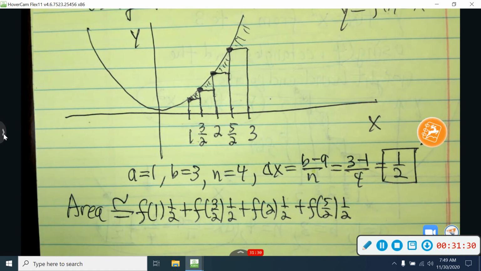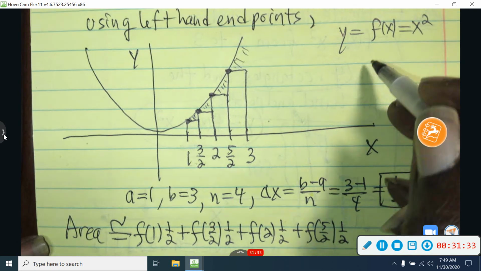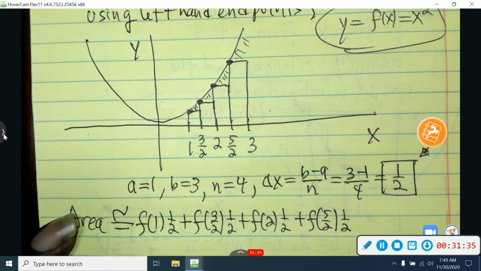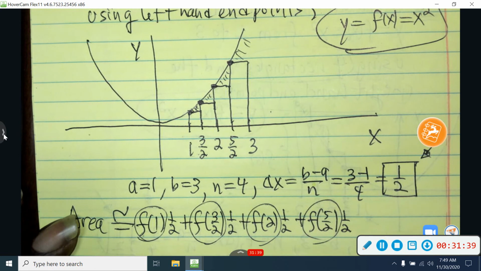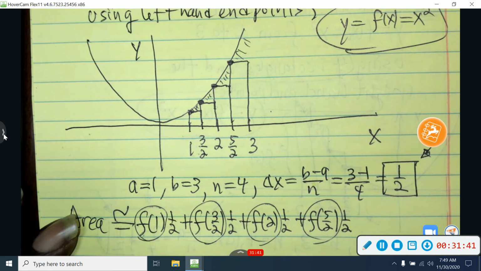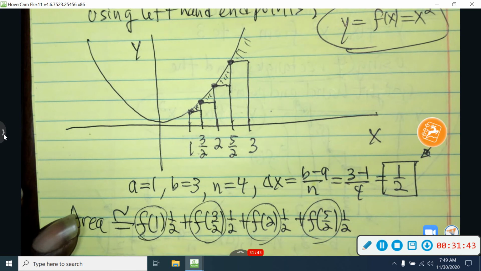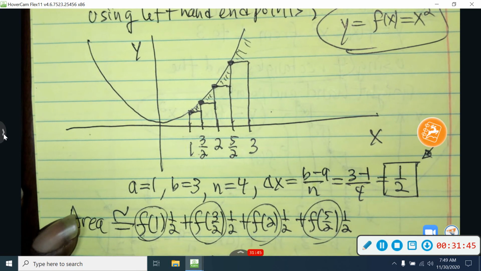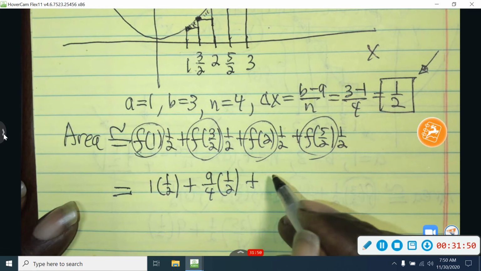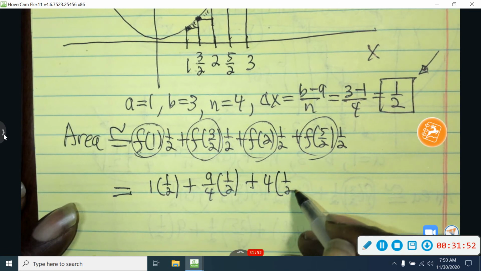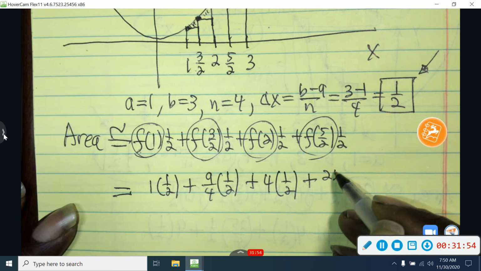Okay, add it up. You know what f does? It squares things. So you can compute all of these. That would equal 1 squared is 1, 3 halves squared is 9/4. Oops, sorry. 2 squared is 4, 5 halves squared is 25/4.